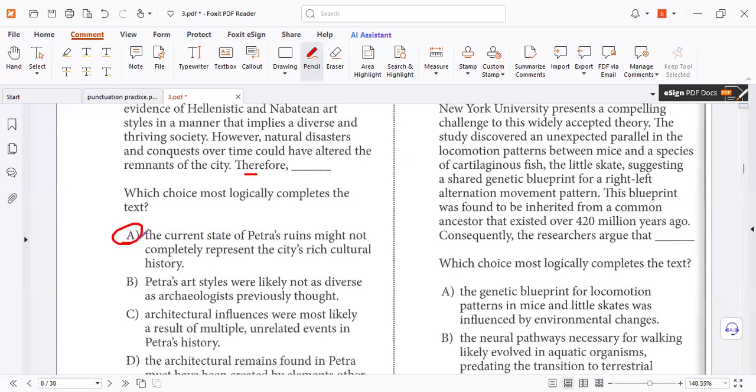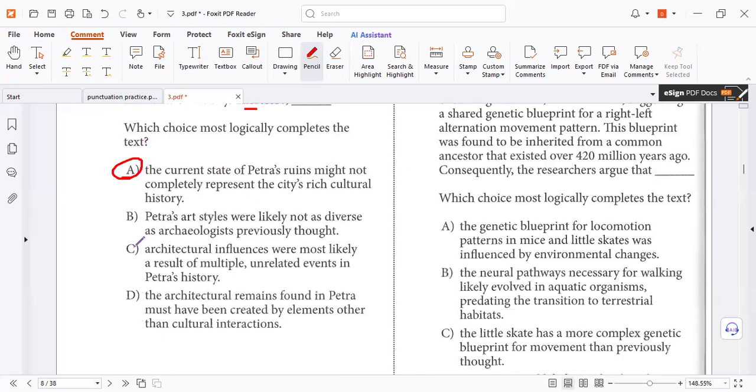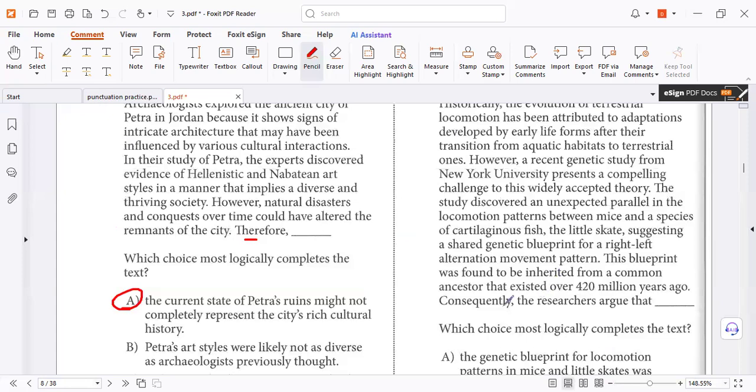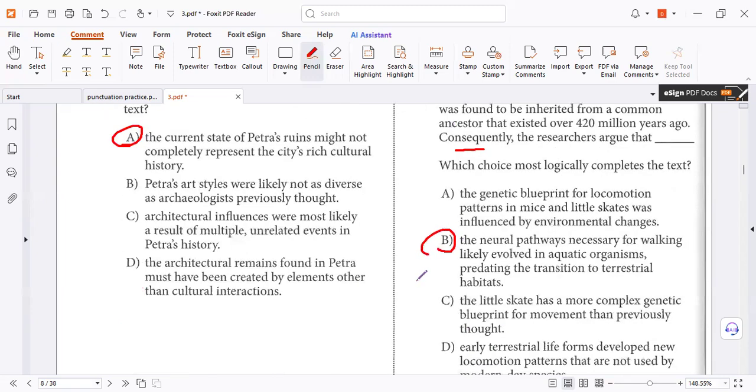Therefore, letter A. Correct. Letter B. Letter B, it is correct.